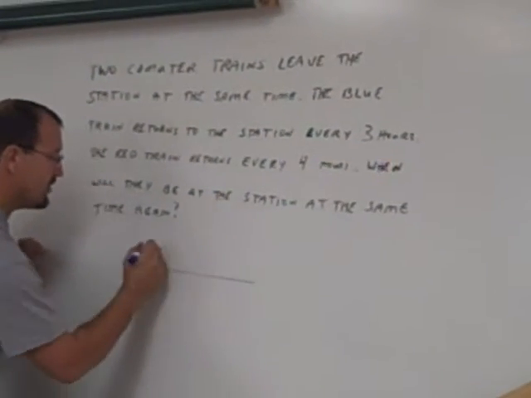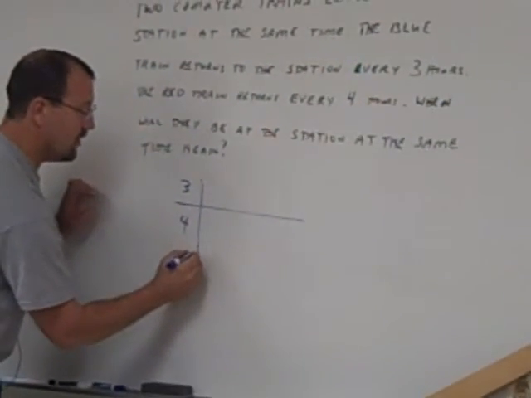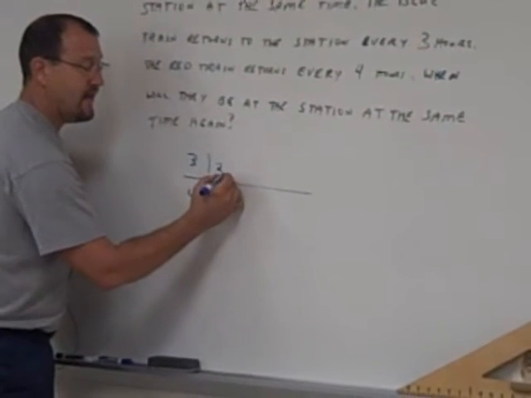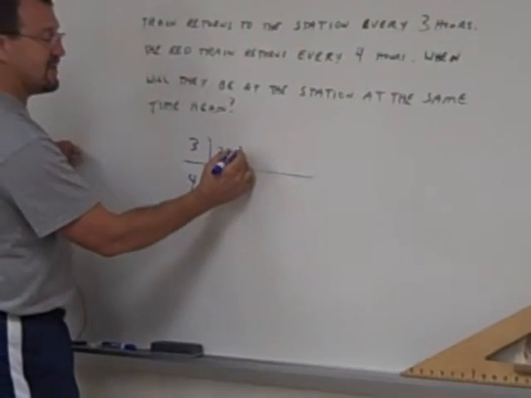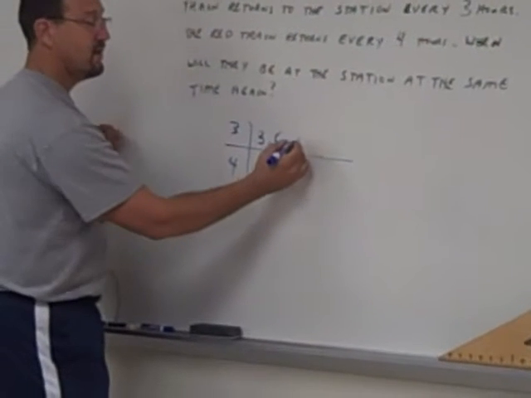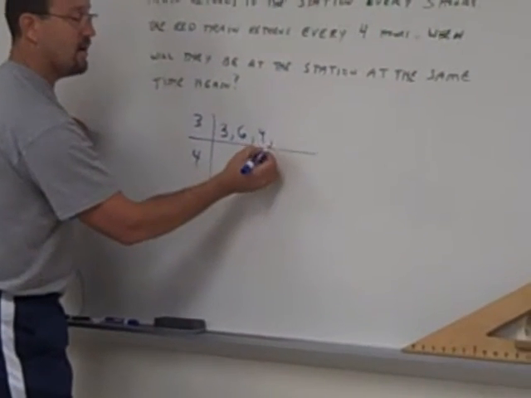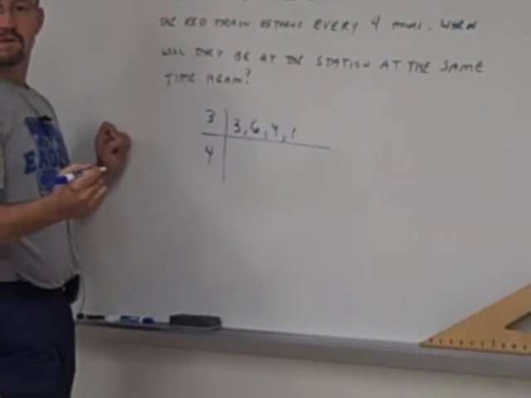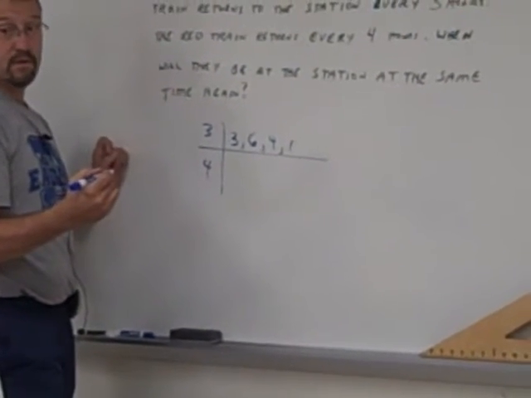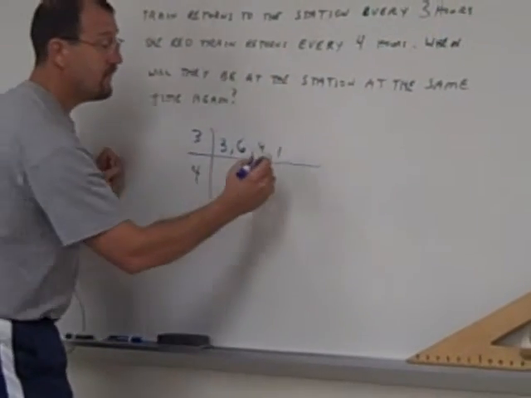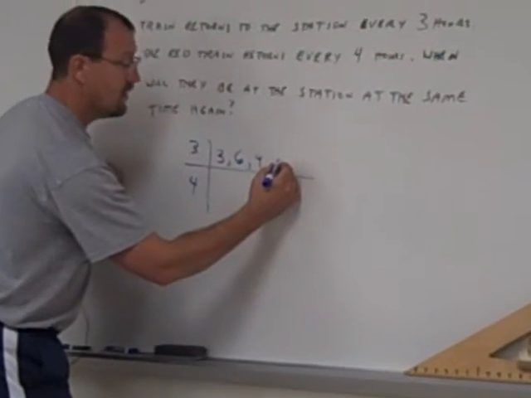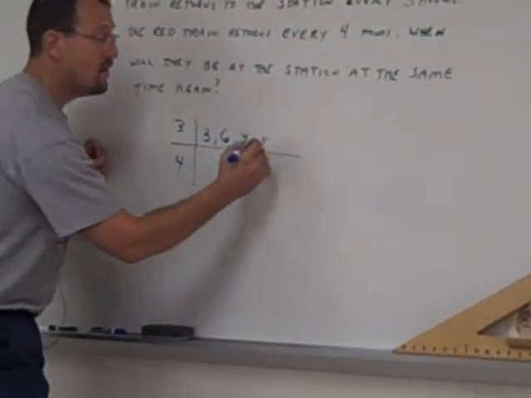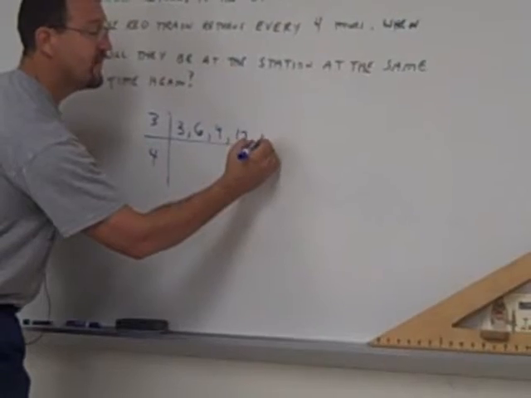So what are our two numbers? 3 and 4. Okay? So what are the multiples of 3? 3. The next time it comes back to the station, it will be 6 hours. 9 hours. 12 hours. 15 hours.